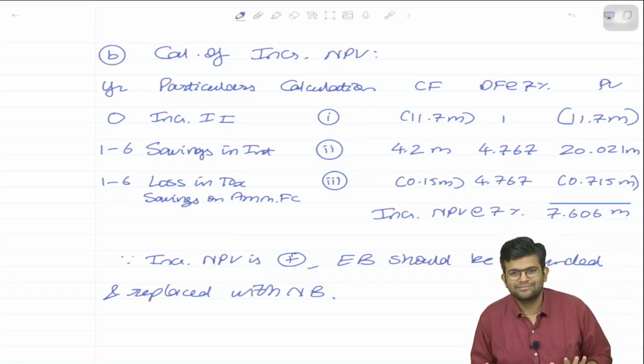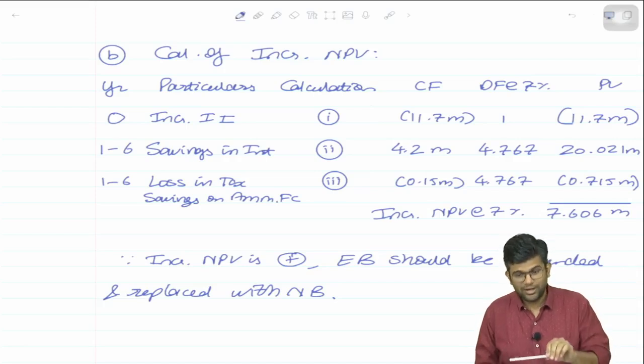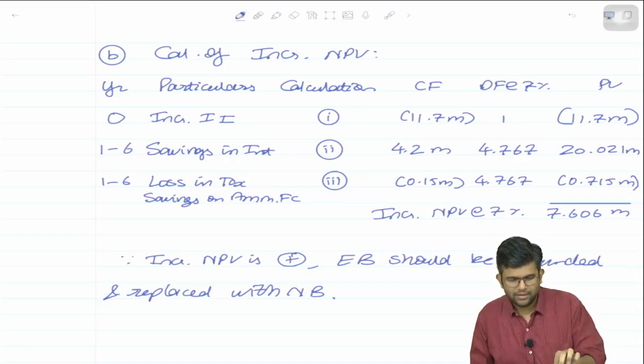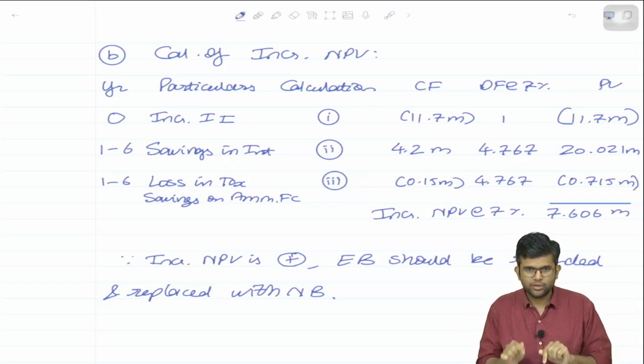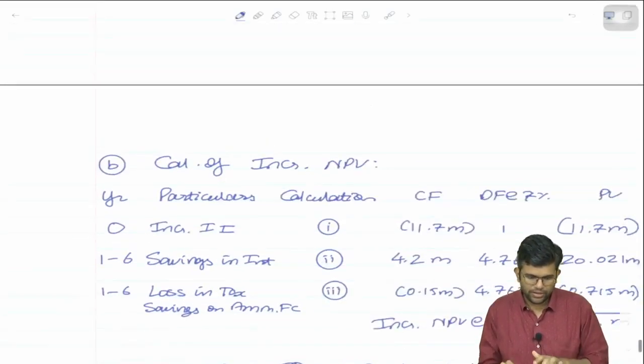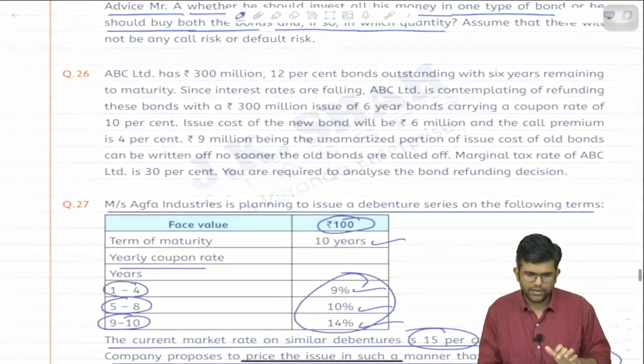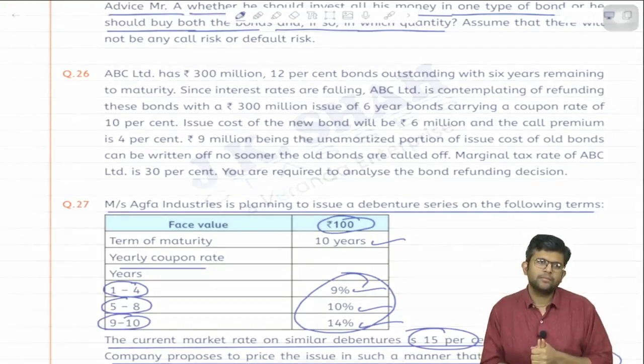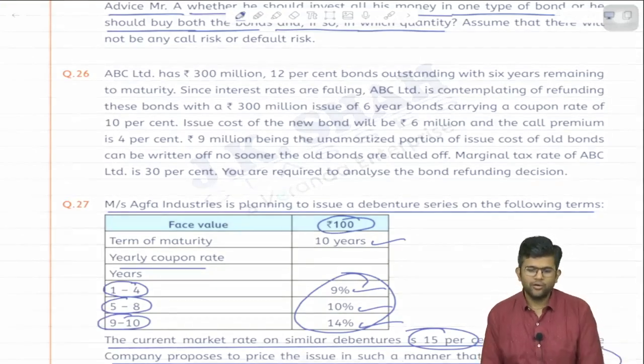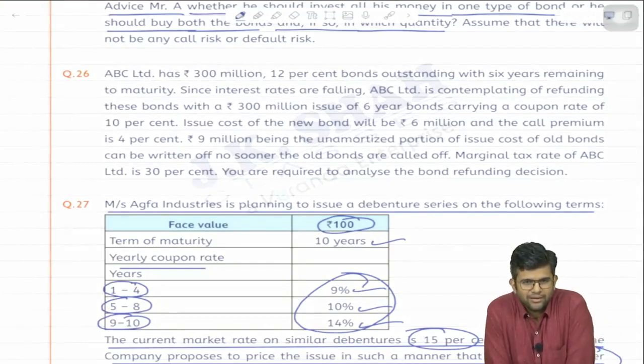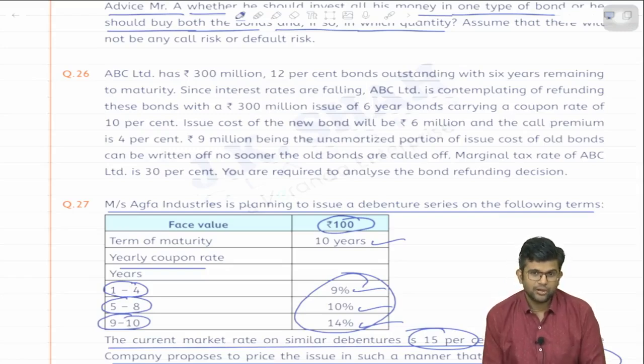Over. Now I want to tell you one thing. This question you are doing, question number 26. Before I go ahead, tell me frankly, we did replacement decision first. What is the replacement decision, incremental NPV, that concept was so important.